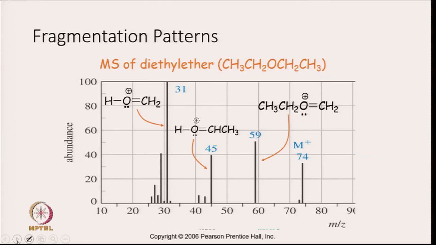A peak will be formed at M plus, the molecular ion peak, and this corresponds to 74. If there is a loss of this CH3, that means 74 minus 15, which is 59, and so you get a peak at 59.